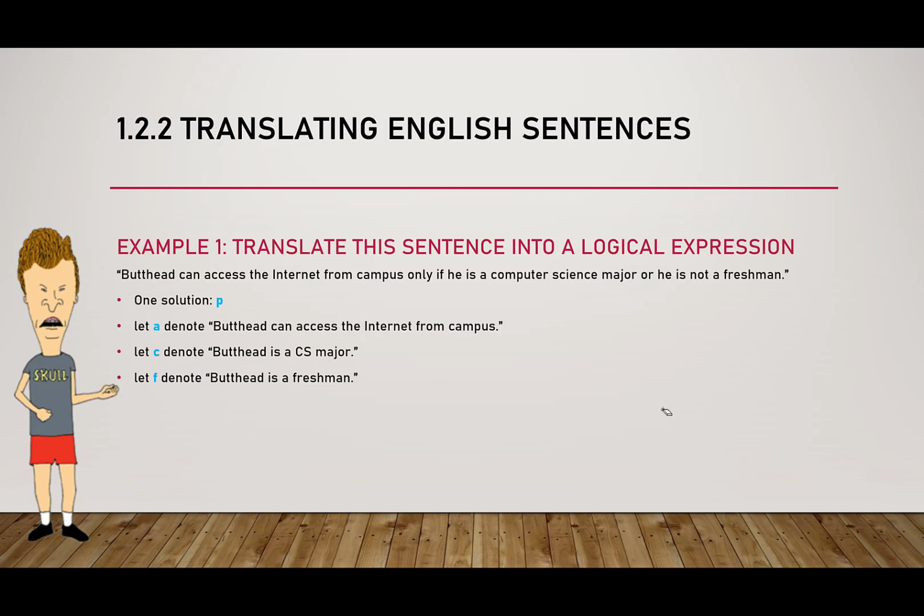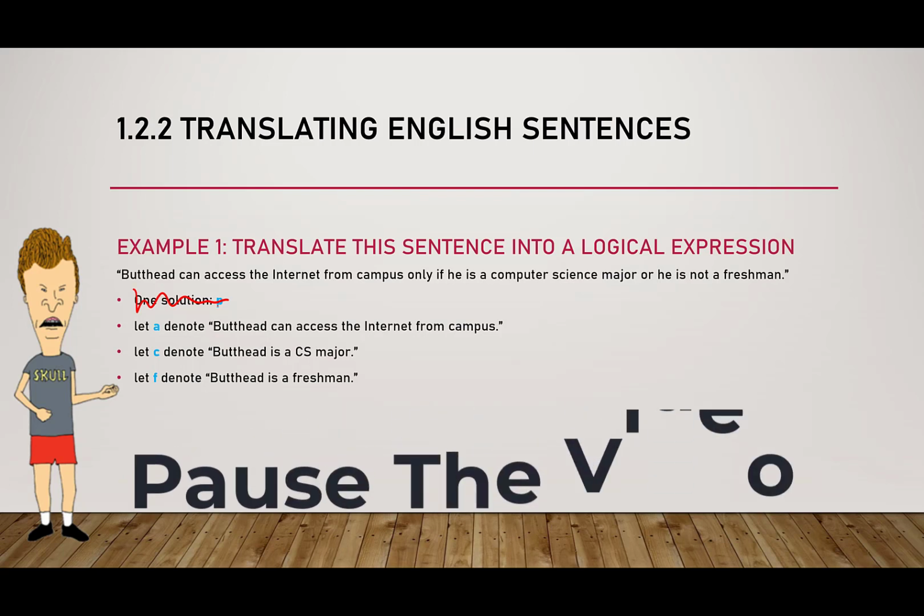But let's see if we can represent this now as an equation using these three variables and our original sentence. So ignore this whole silly thing here. Pause the video for just a second and see if you can come up with a formula that mathematically represents that sentence.